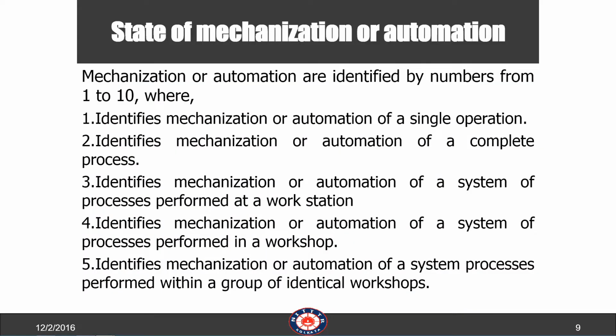Number 1 identifies mechanization or automation of a single operation. Number 2 is a single, complete process. Number 3 identifies mechanization or automation of a system of processes performed at a workstation. Number 4, processes performed in a workshop. Number 5, a system within a group of identical workshops.